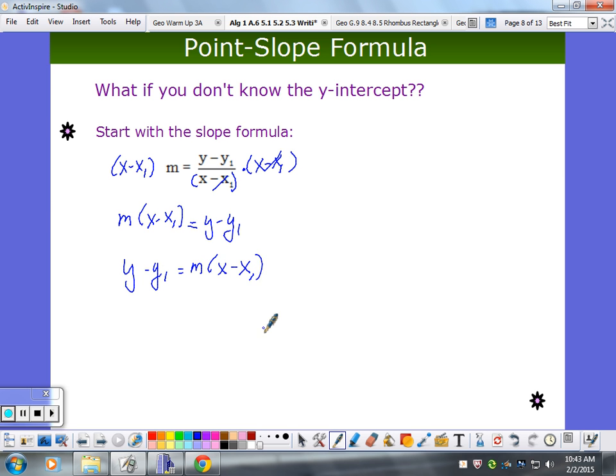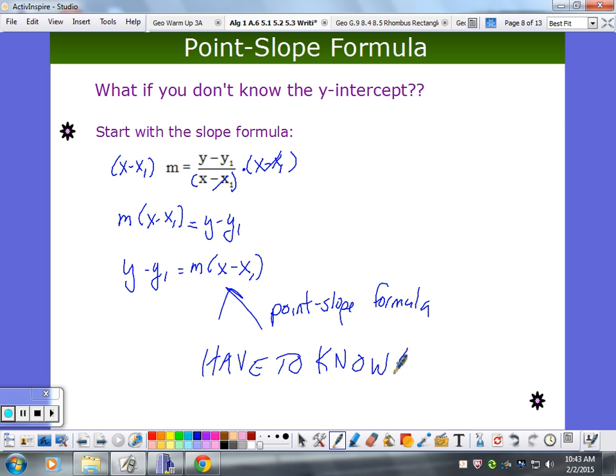This whole thing here is called the point-slope formula. This is one you have to know. And it looks like another thing to memorize, right? And it is. y minus y1 equals m times this grouping, x minus x1. But remember where it came from. It's the slope formula kind of on its side.